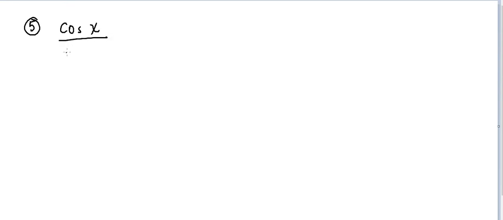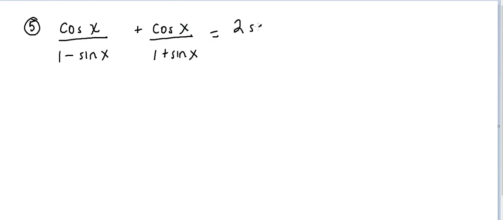Okay, sometimes it's x, sometimes it's theta, minus sine plus cosine over 1 plus sine is equal to 2 secant x. Okay, again, this is the more complicated side.